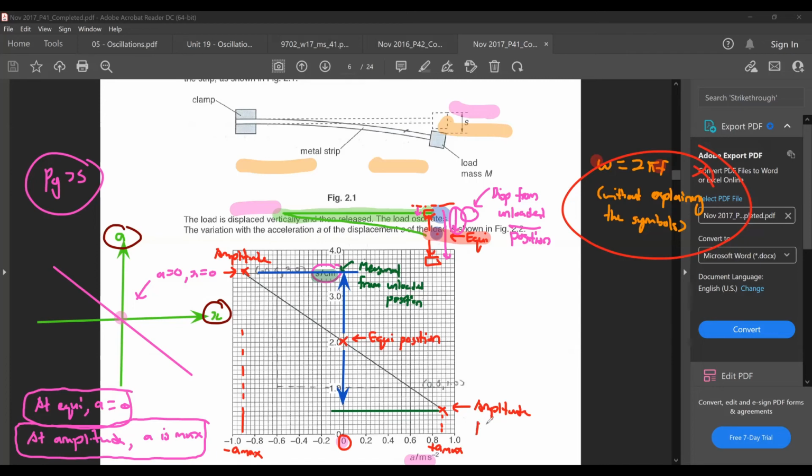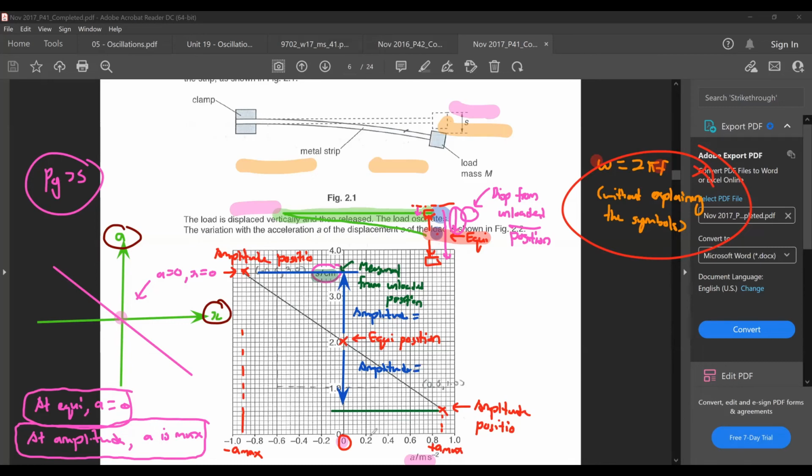This is your amplitude position, and this is also an amplitude position. But if you really want to get the amplitude, this one is your amplitude. So you just find those values there.